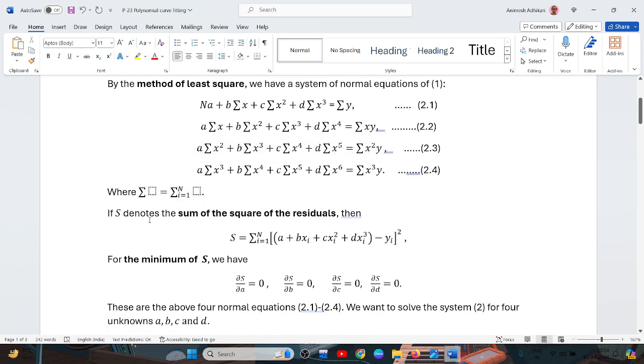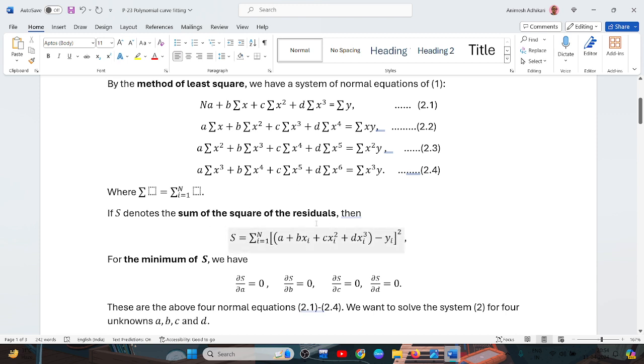In the method of least square, if S denotes the sum of the squares of the residuals, then S equal to sum i equal to 1 to capital N, bracket a plus b xi plus c xi square plus d xi cube minus yi, whole square.